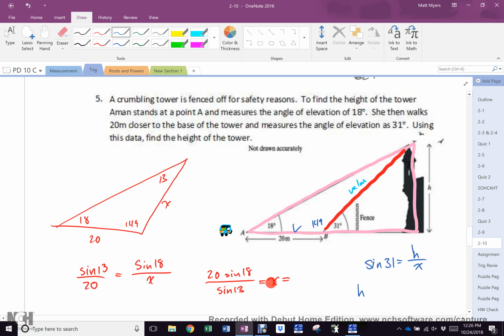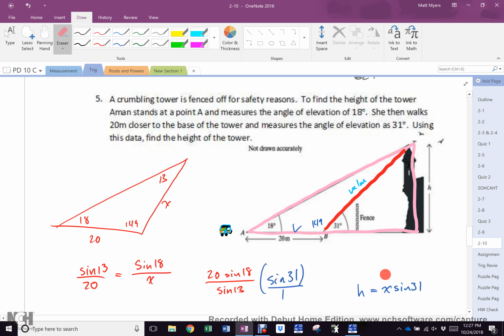X is right here, yes? X is right here, correct? And H is going to equal X times sine 31, isn't it? There's X right there, yes? So couldn't I just do that times sine 31? Now, sine 31 is technically over 1, isn't it?